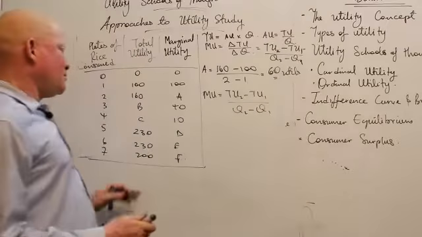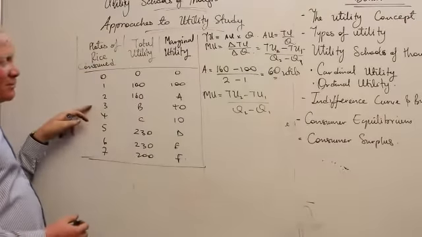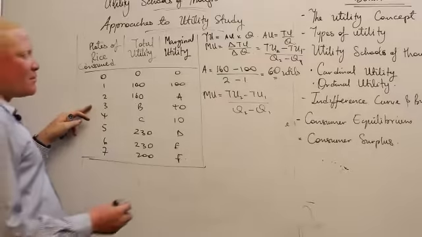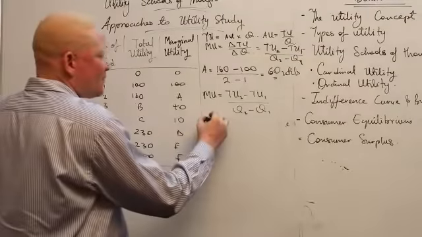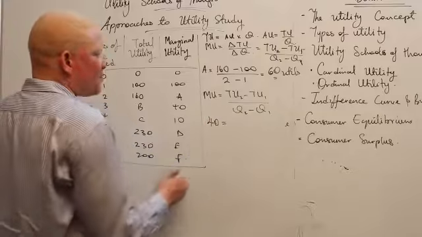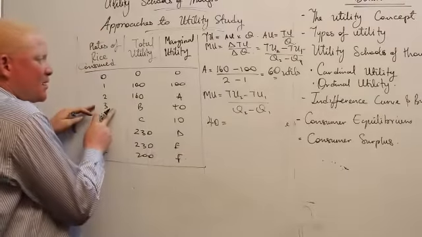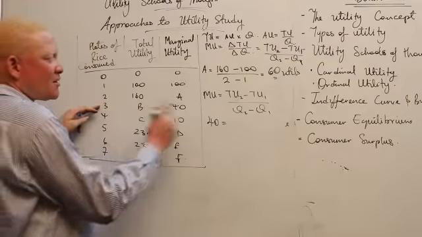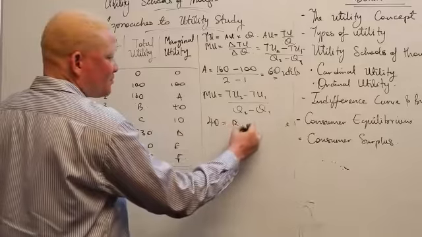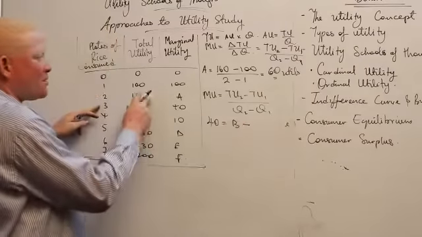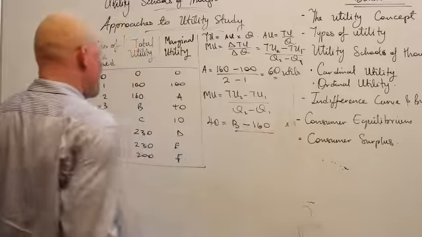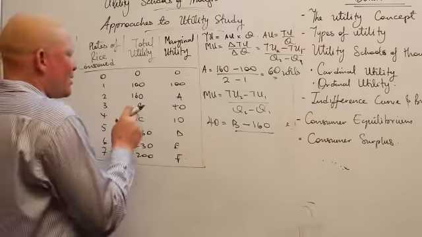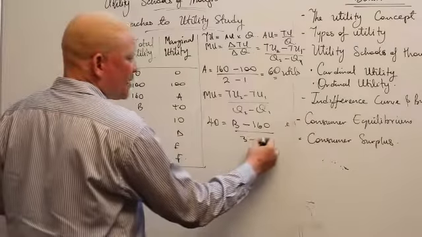Now, at 3, the marginal utility is 40, right? 40 is equal to the new total utility, which is the B we don't know, minus the old one, which is 160, divided by what now? 3 minus 2.